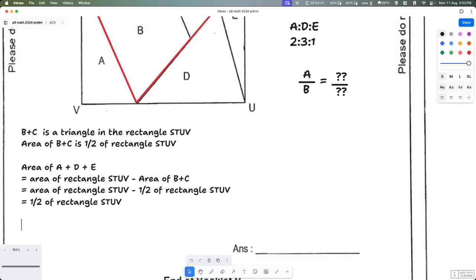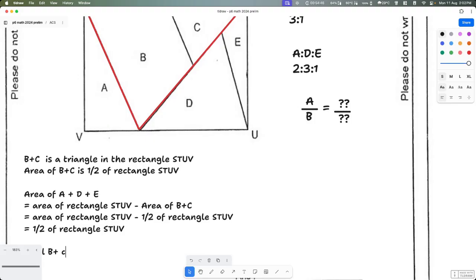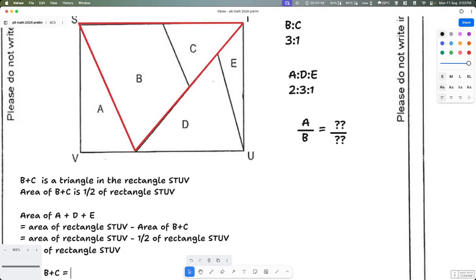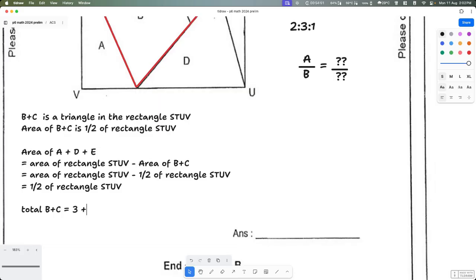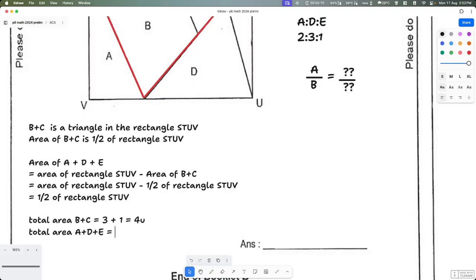So let's go. Total for B and C is 3 plus 1, equal to 4 units. So the total area of A plus D plus E is 2, 3, 1, so 2 plus 3 plus 1 equal to 6 parts.